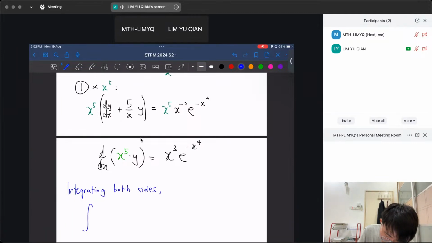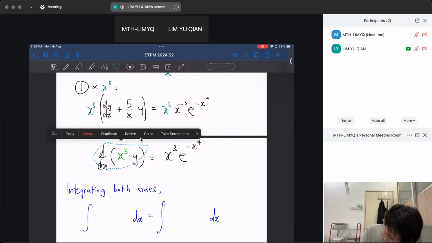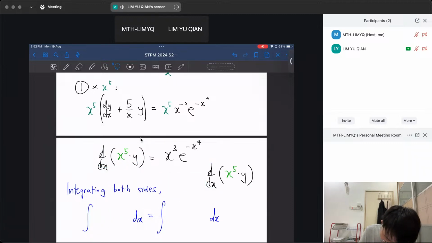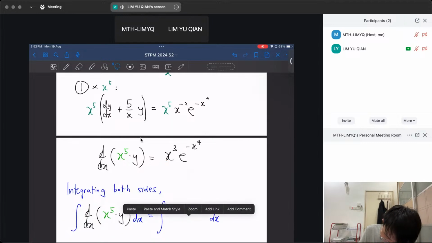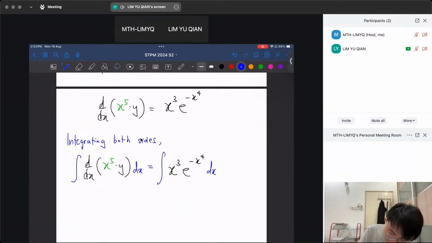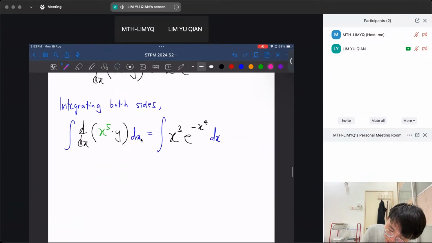Integrate dx both sides. Paste here. Okay, so this one can be removed.